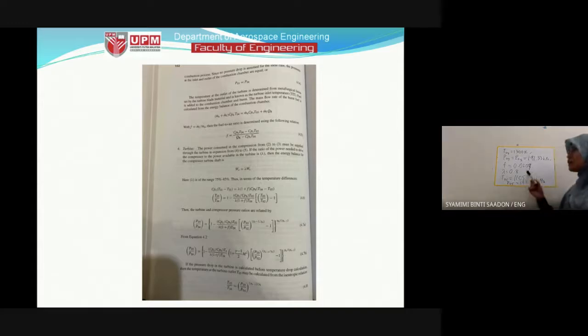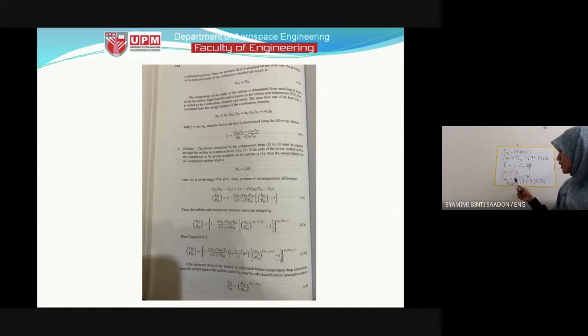Okay, I repeat. We have TO4 at 1300, the maximum temperature throughout the engine. PO4 is equal to PO3 because it is the ideal case, no pressure loss, 191.33. Fuel to air ratio around 0.02. Lambda 0.8 given.